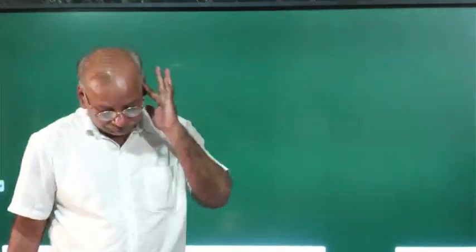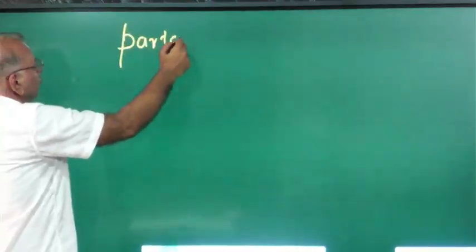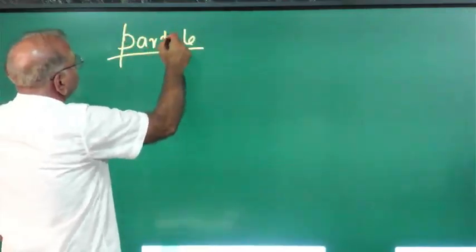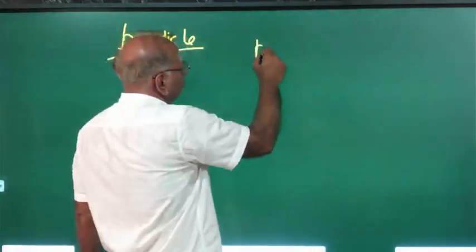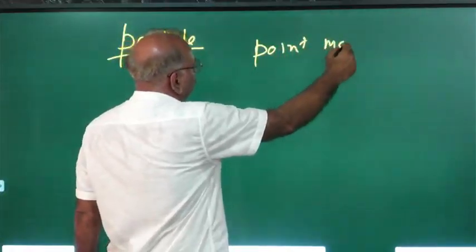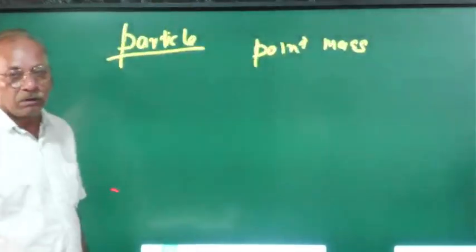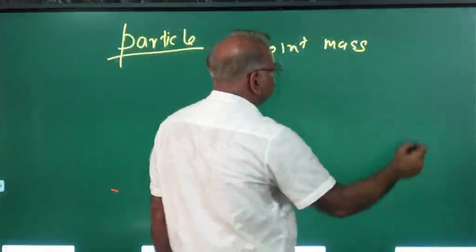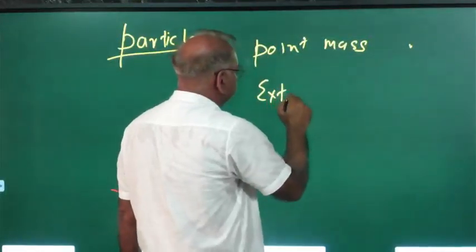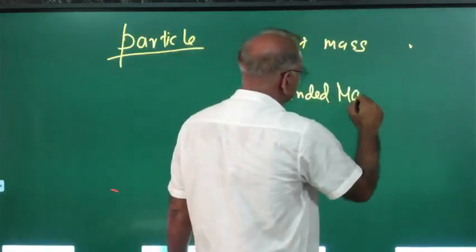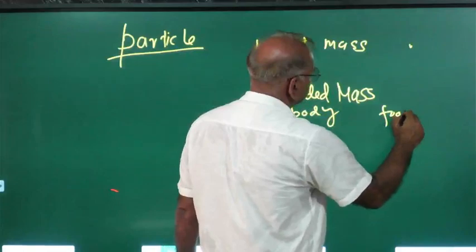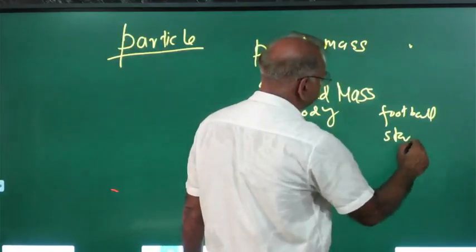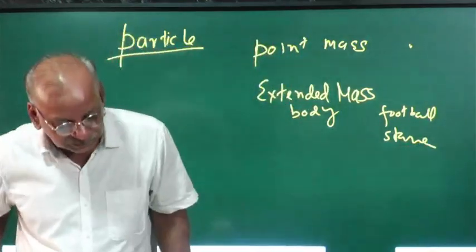If on any particle, here particle means a point mass, or an extended mass, a mass having an extended body like a football or any stone, say any stone.